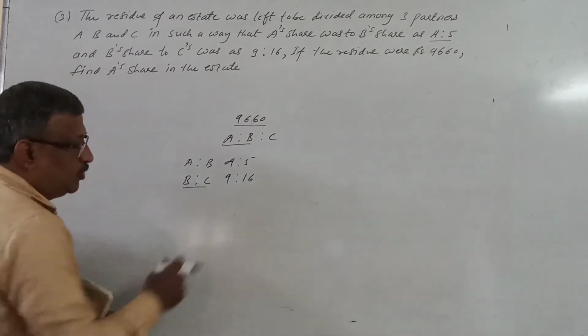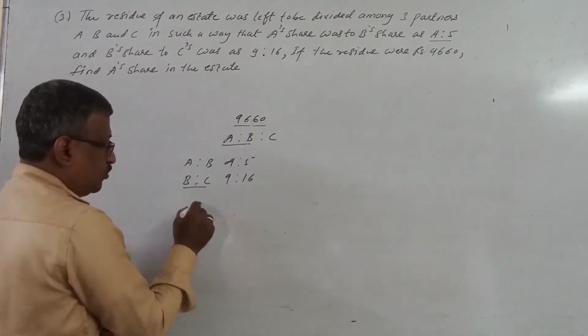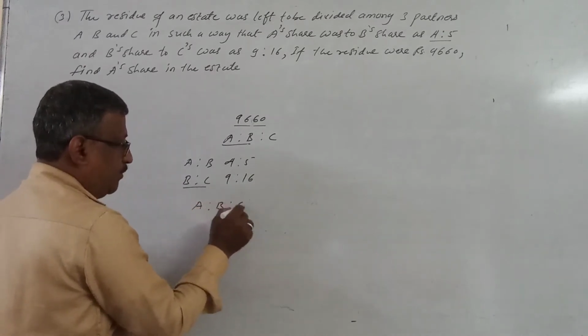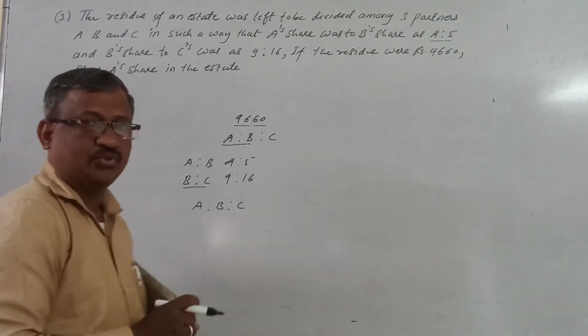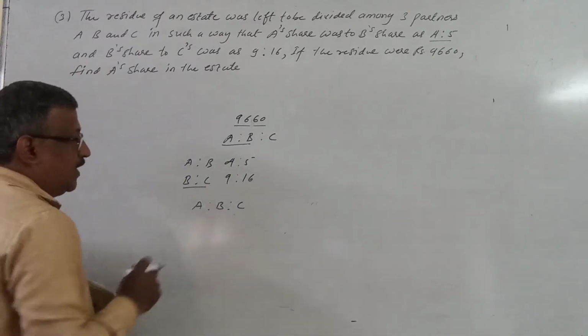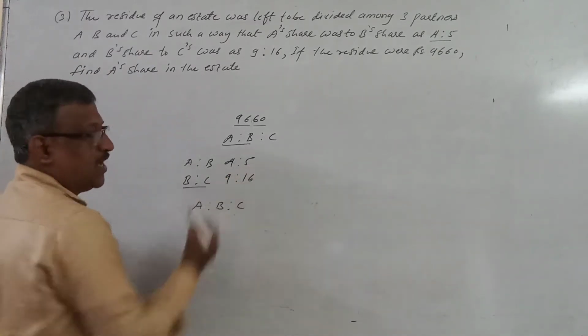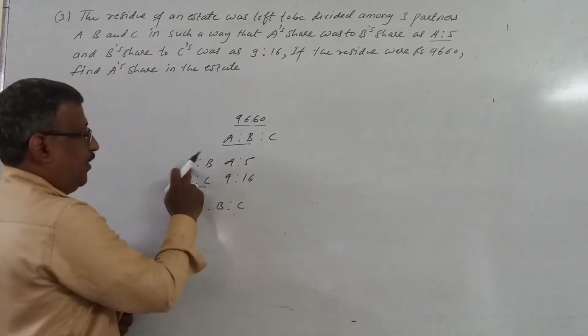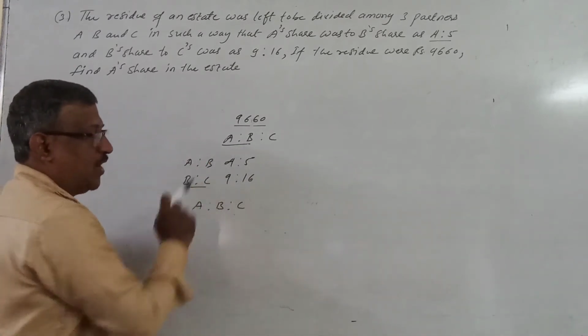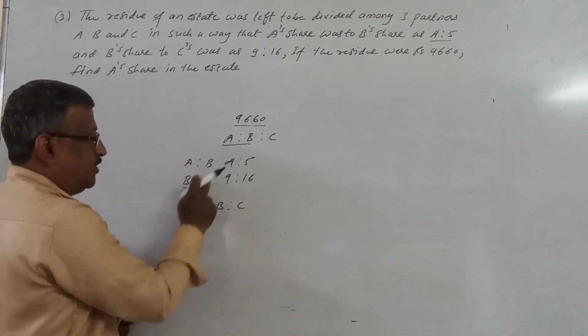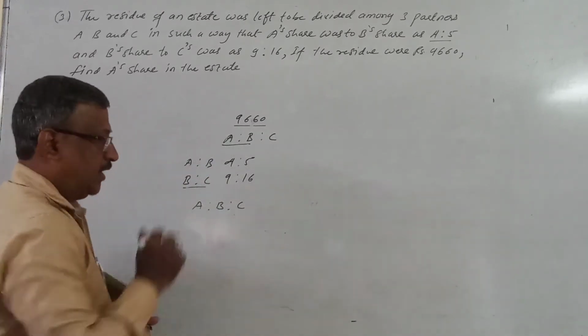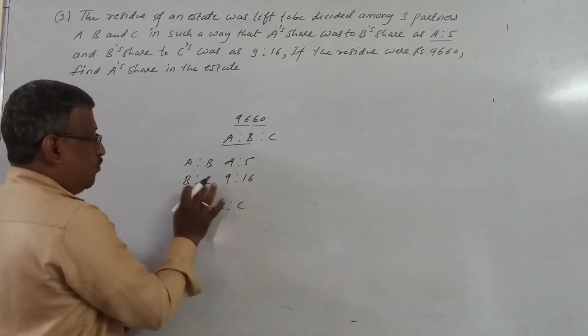So to distribute the property, first of all you must know the ratio of share of A, B and C. So that ratio we have to calculate. To calculate that ratio, simple method is there. Whatever ratios of shares they have given in the problem of A and B and C, you write them one below the other. And then in this you see what is the common part.